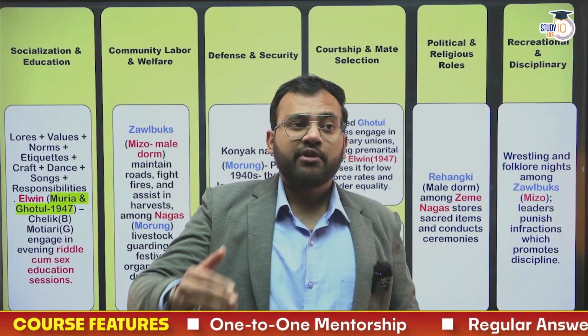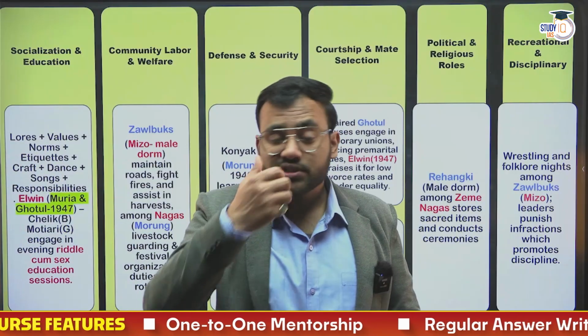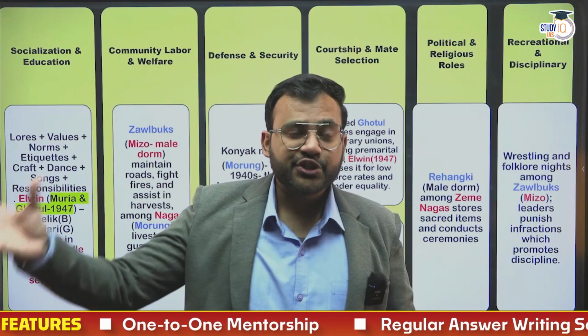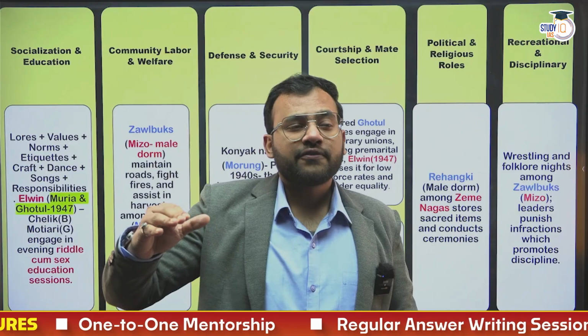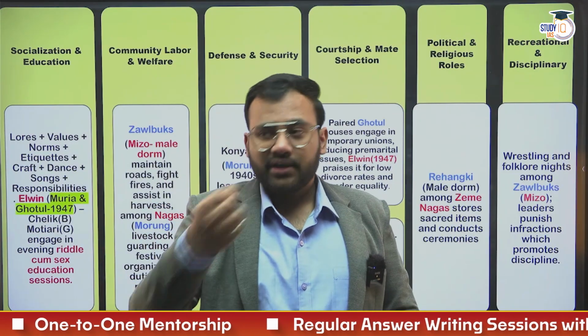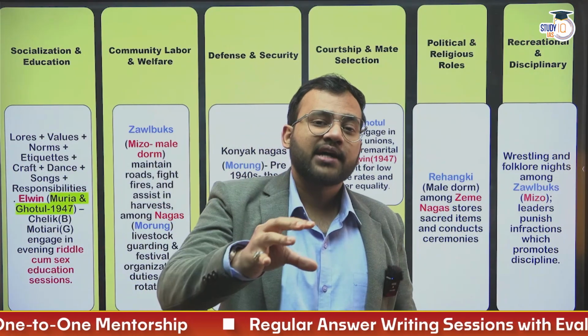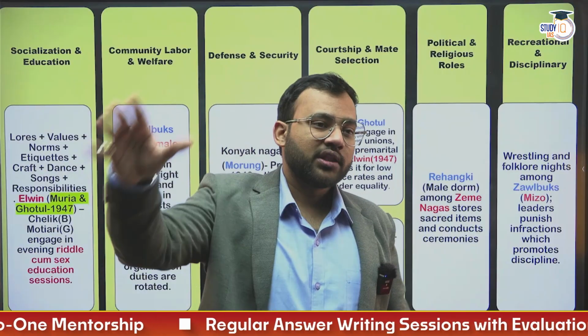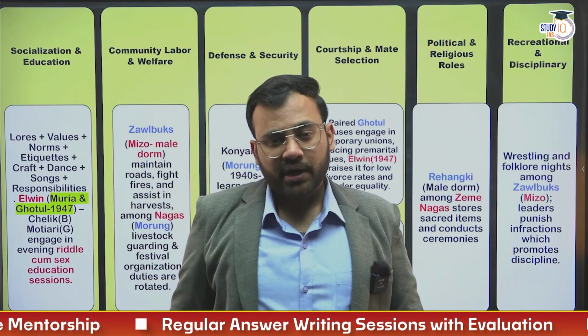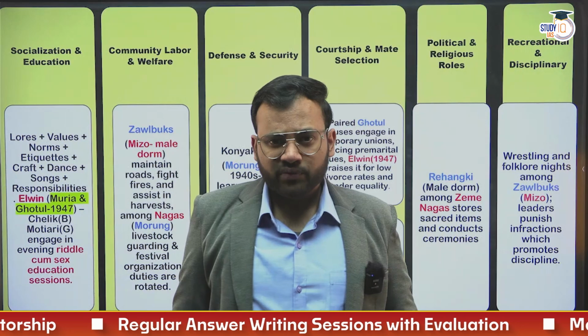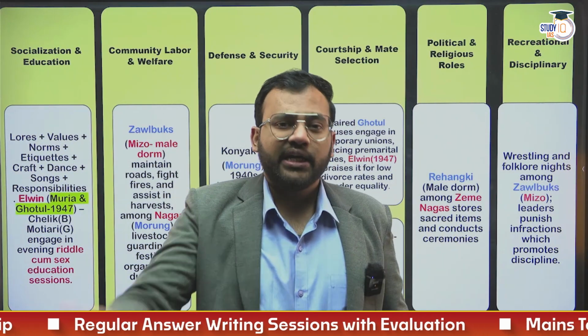How a menstruating woman is supposed to be outside the Ghotul, and when she is returning, a lot of vulgar or culturally abusive remarks are being inflicted on the girl by the male counterpart or the boys of the dormitory. These have been recorded, but you do not have to detail them out.